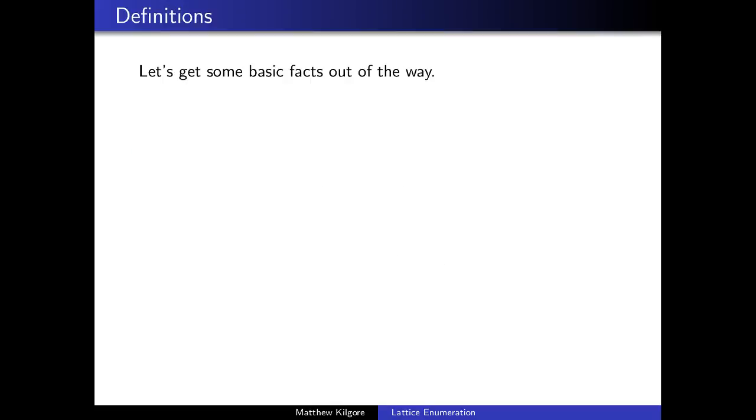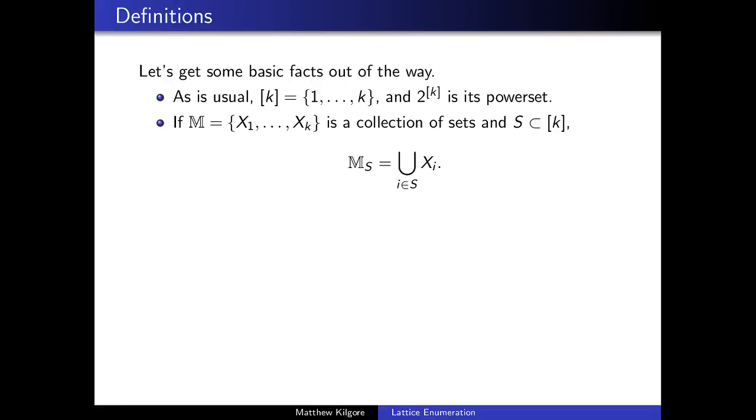Let's get some basic definitions down, basic notation. As is usual, we write [k] for the set of integers from 1 to k, and 2^[k] for its power set. Very standard.